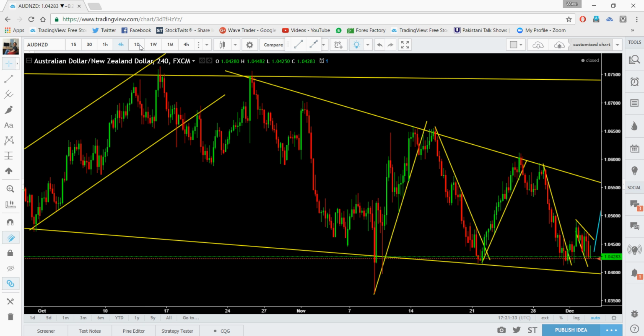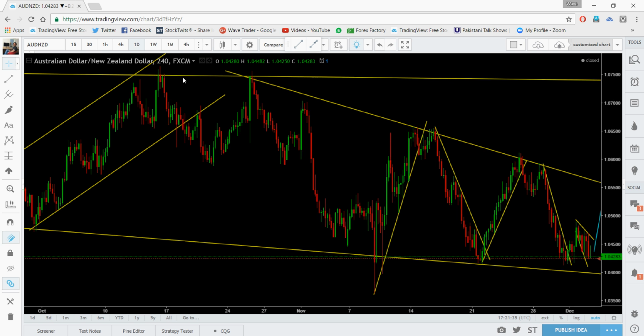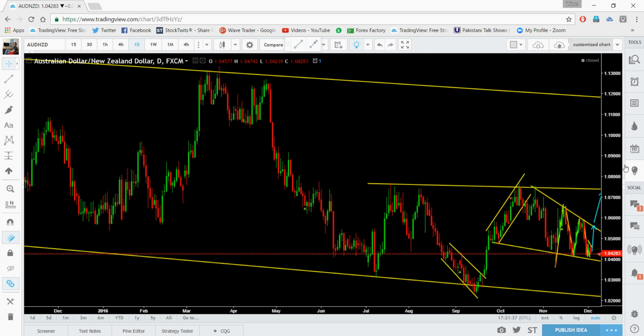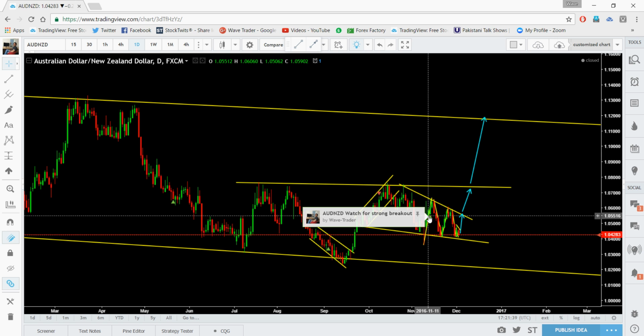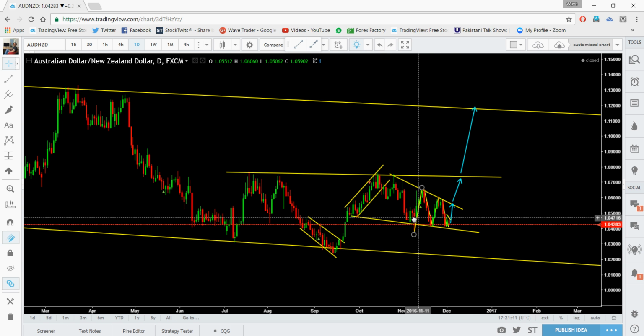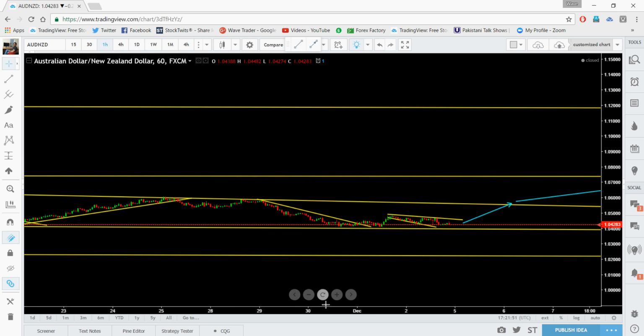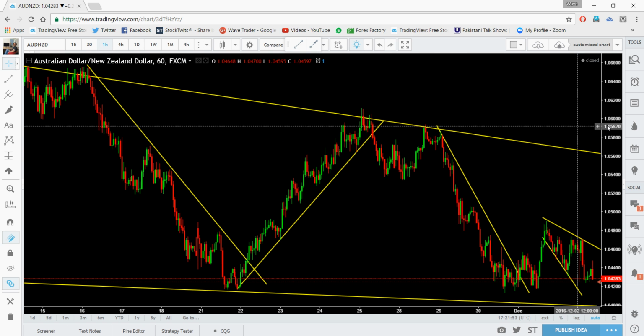This is the pair we are watching. Everybody knows that we are looking for the upside for this wave, and we have got some nice profit on the lower time frame, the 1 hour time frame.